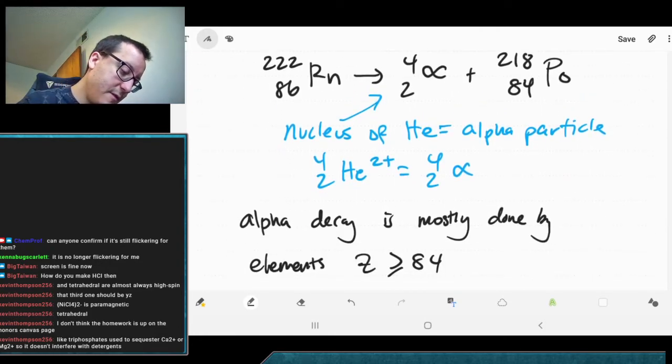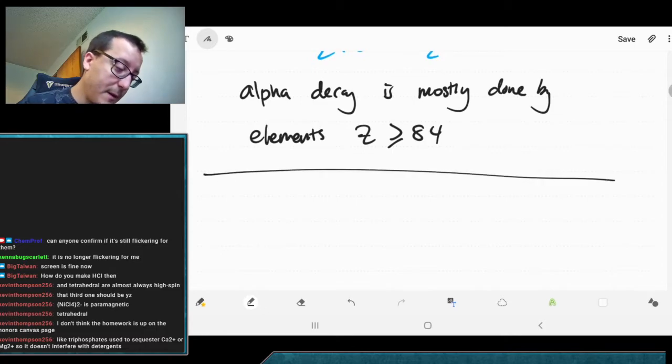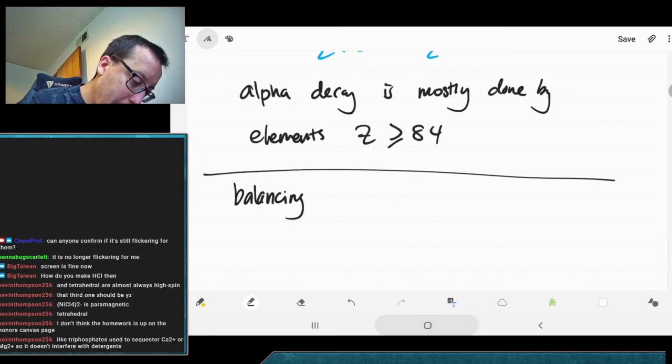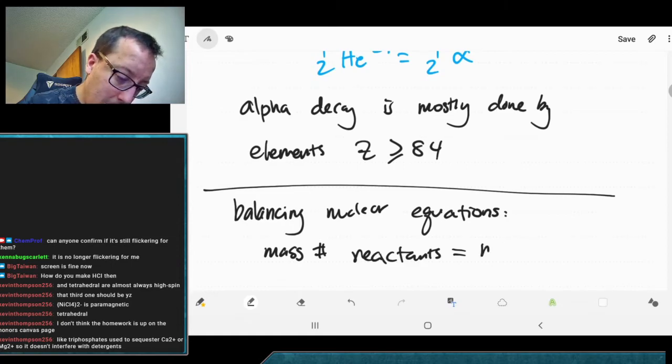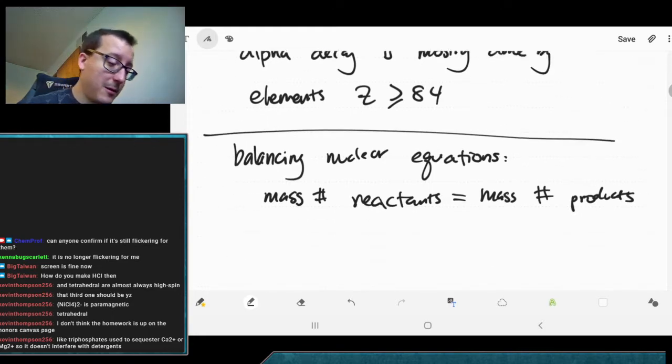So just to note, before I talk about the next one, for balancing nuclear equations, the mass number of reactants must equal your mass number of products when you've added them all up.